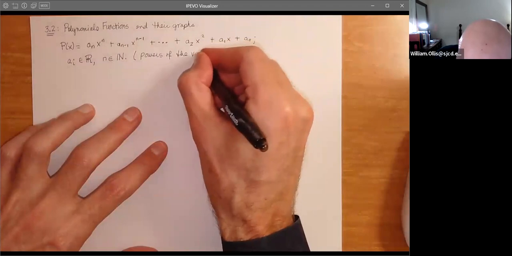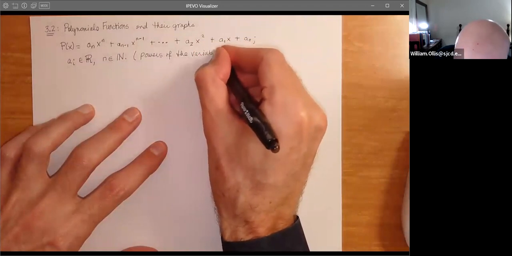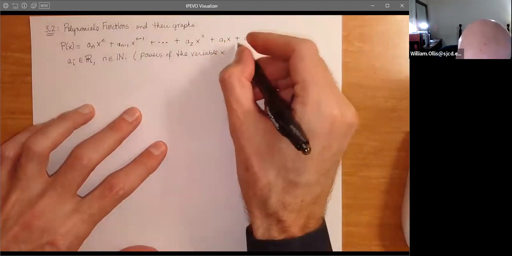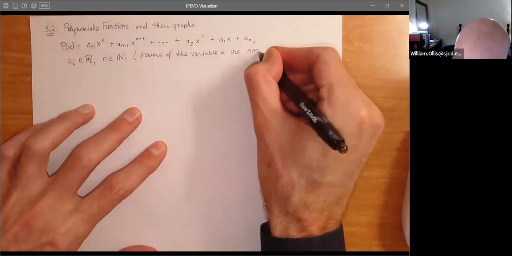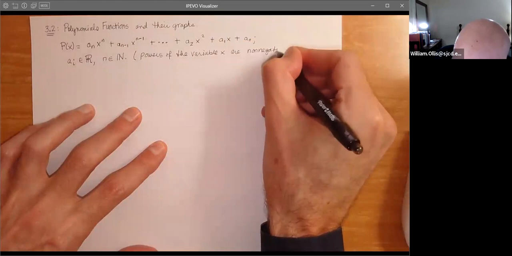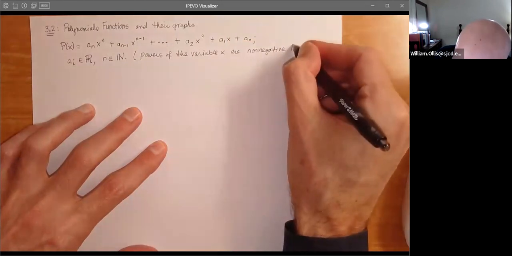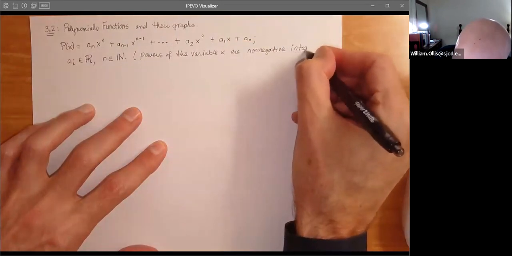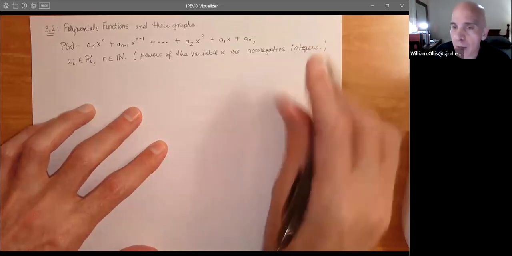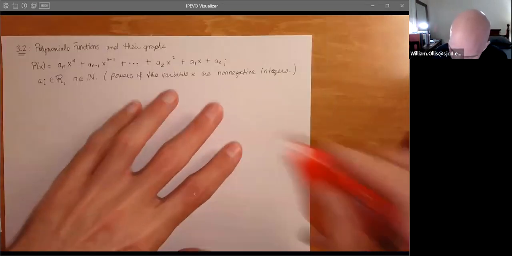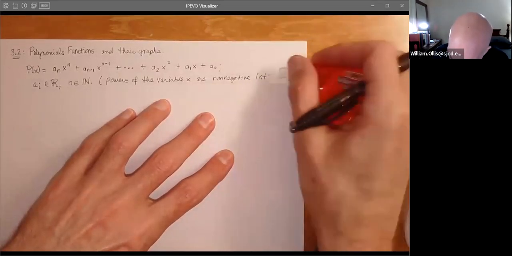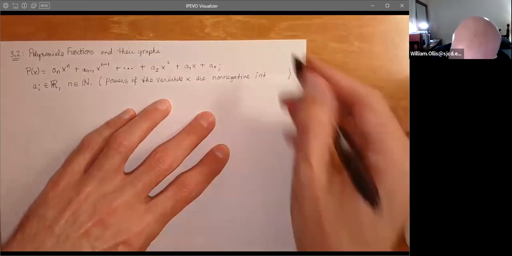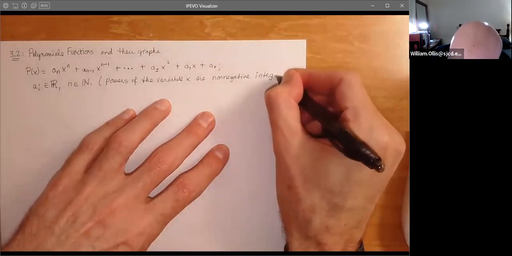Powers of the variable x are non-negative integers. So polynomials are pretty strange, fairly flexible. Here, let me write that so you can see it. It's good to be able to read it. Integers.